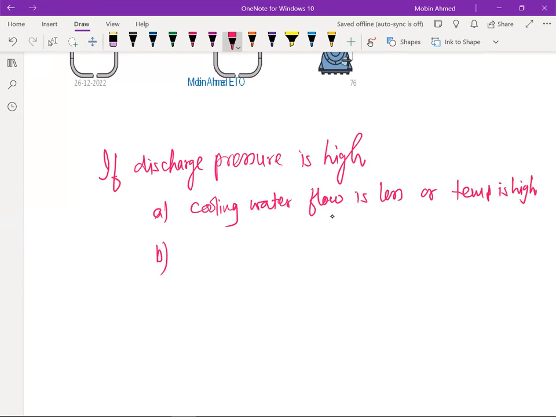Either the temperature of the cooling water coming to cool down is high, or the flow is less. In that case, your discharge pressure is going to increase.